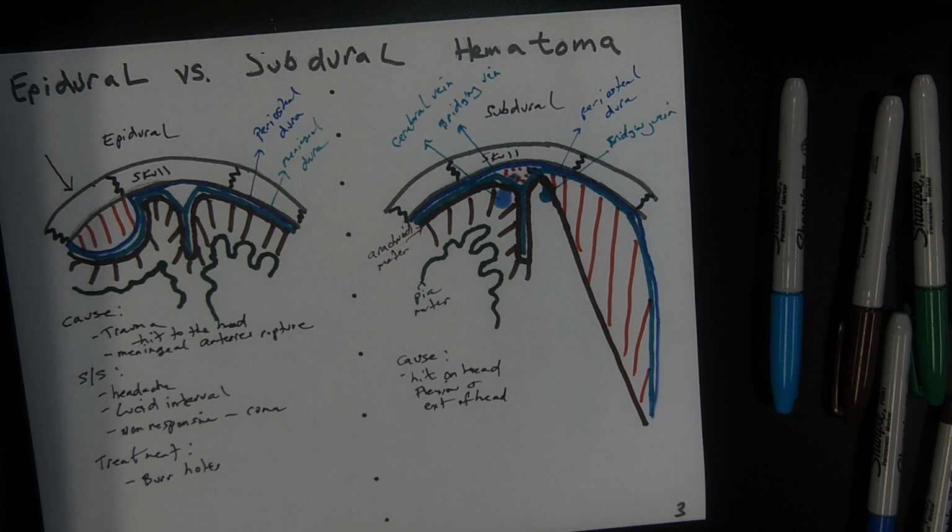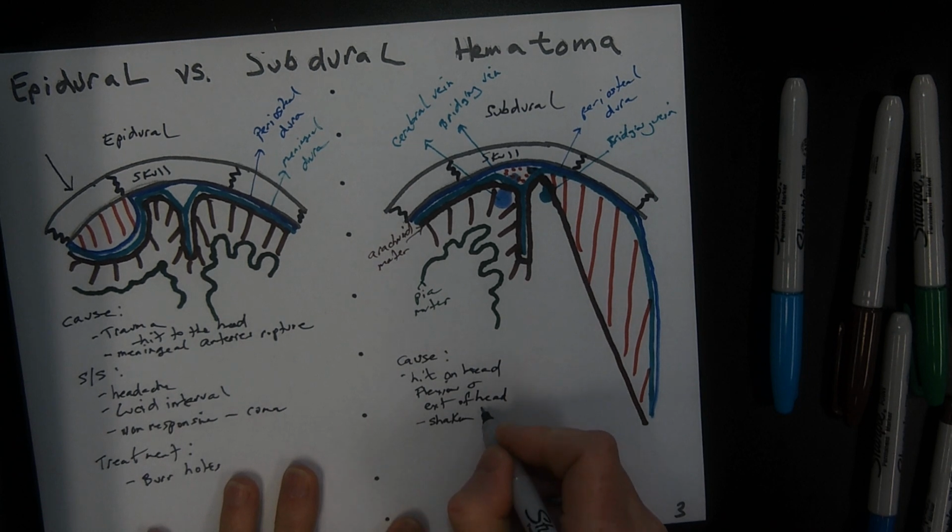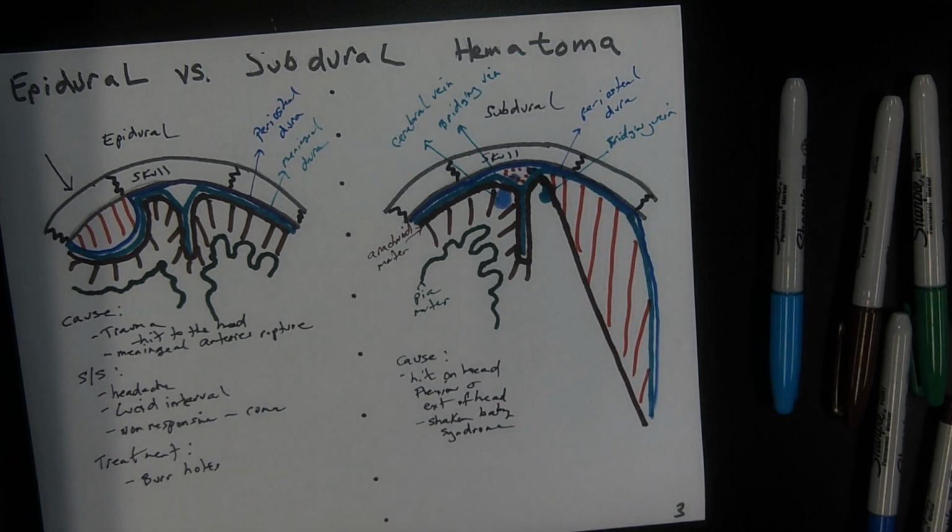It's really sad, but it's really common that causes a subdural hematoma, and it's shaken baby syndrome. Has anyone heard of shaken baby syndrome? It's terrible, right? So it's either a hit on the head, or most commonly shaken baby syndrome. Okay, those are the main causes.